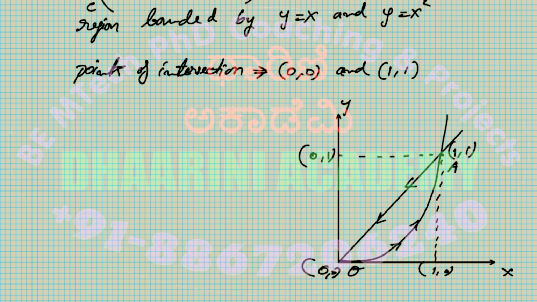Right, so let's try to solve this over the given region. That should be, this is the LHS part, so integral over C of M dx plus N dy, correct?